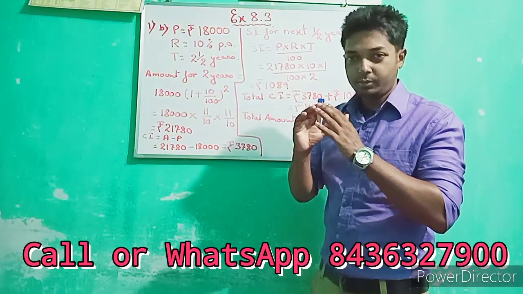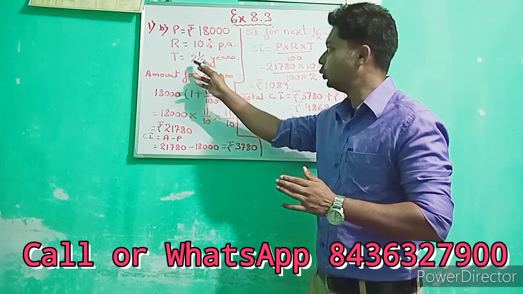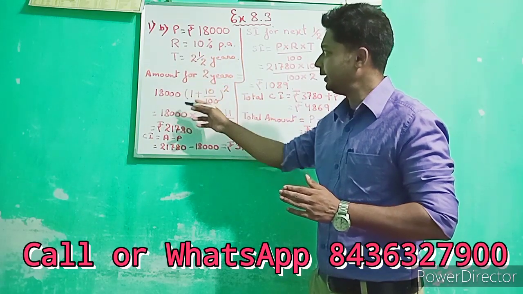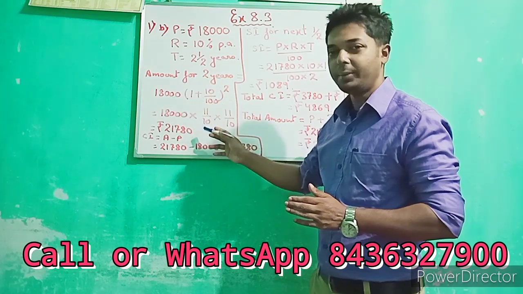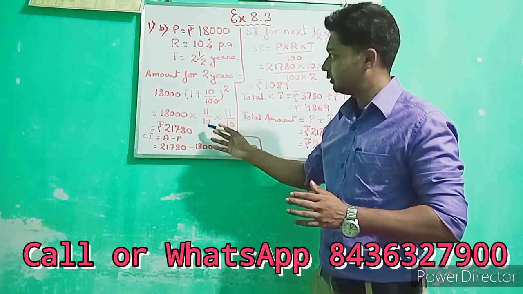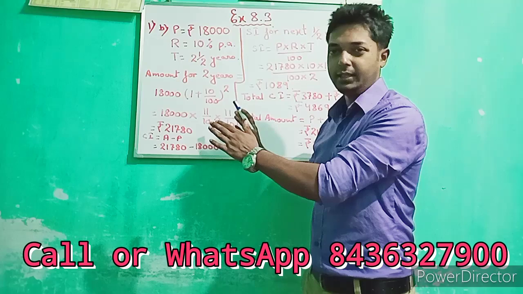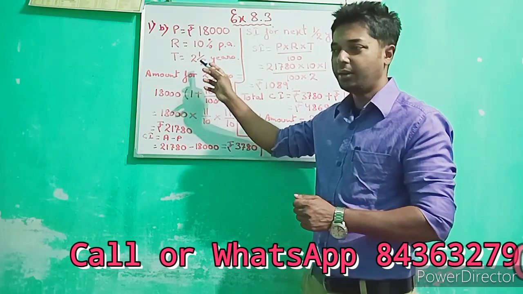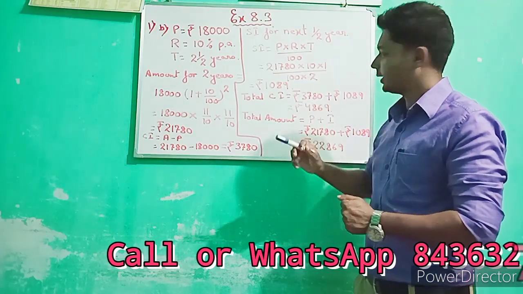Okay, so please try to understand this thing. For 2.5 years, for 2 years we will be calculating the interest in the CI method, and for the half year this will be calculated on the SI method.